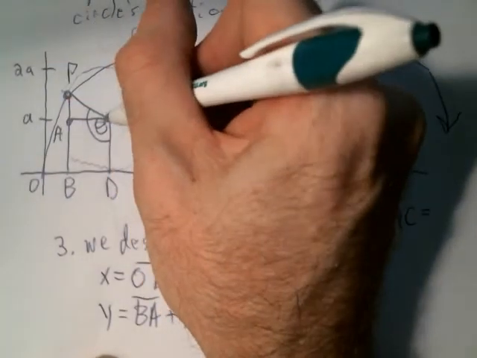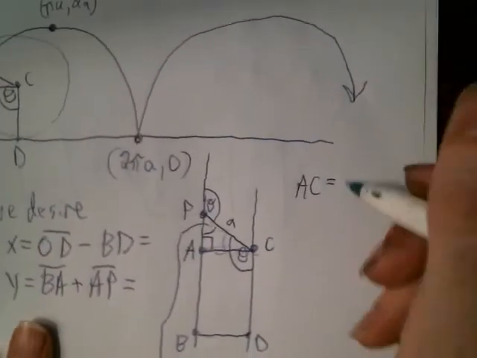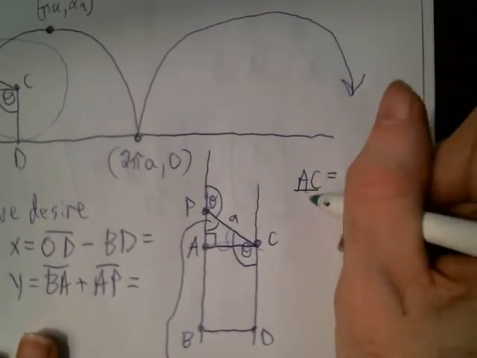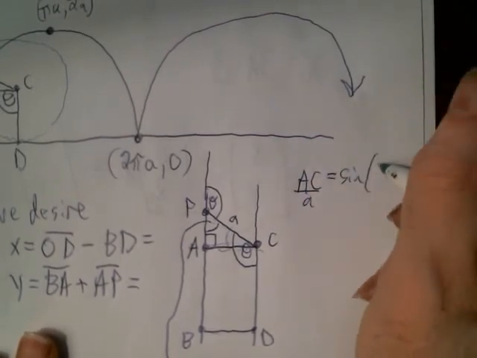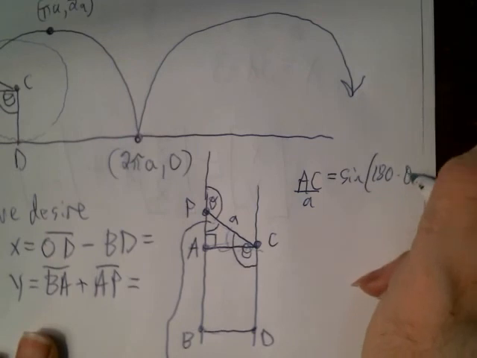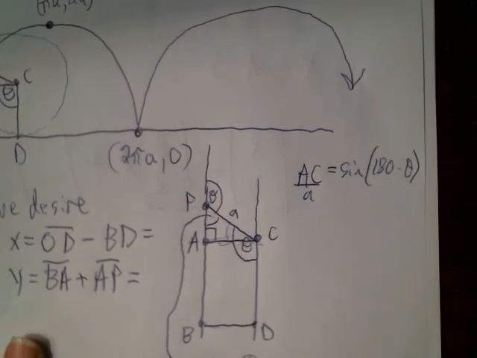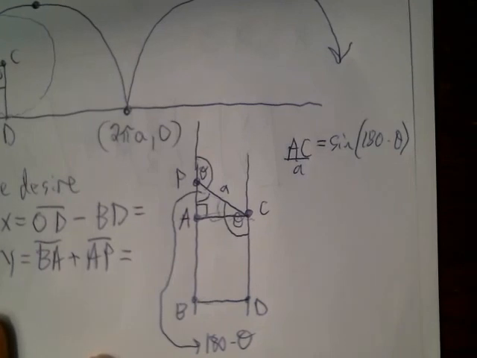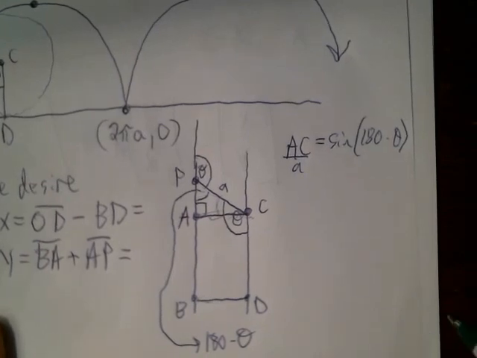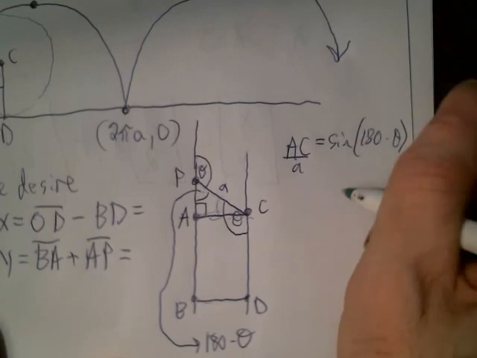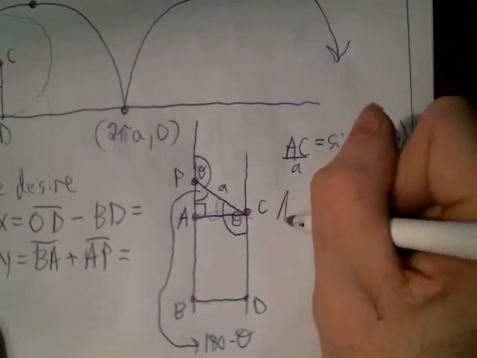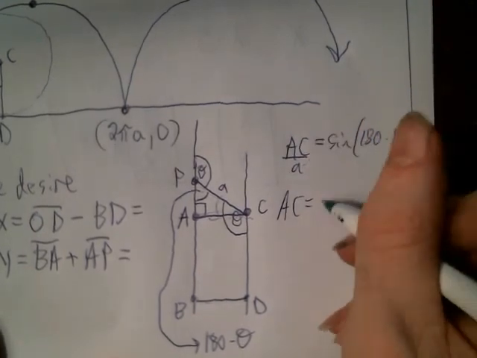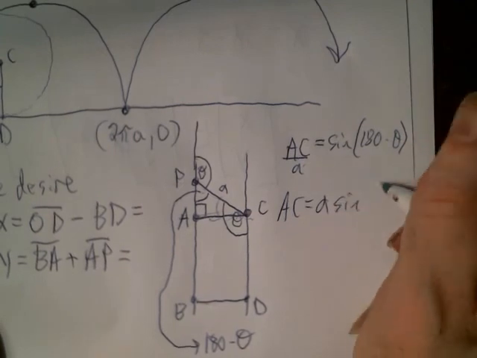So from here to here, that's just the radius, and we know that's A. So AC all over A is equal to the sine of 180 minus theta. Okay. Sine of 180 minus theta is exactly equal to sine of theta. Okay. So I have that AC is equal to, if I multiply both sides by A, A sine of theta.